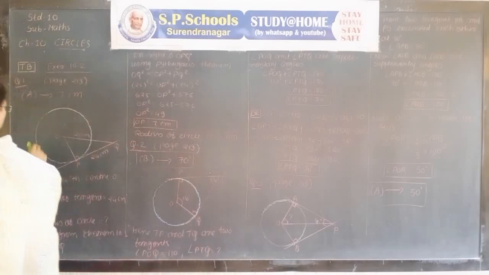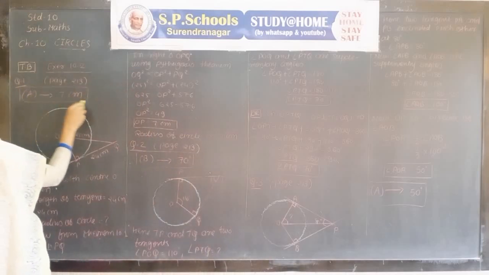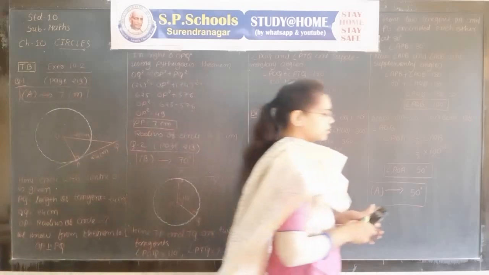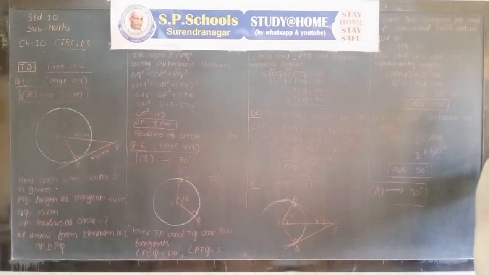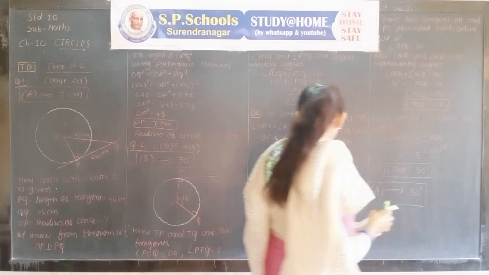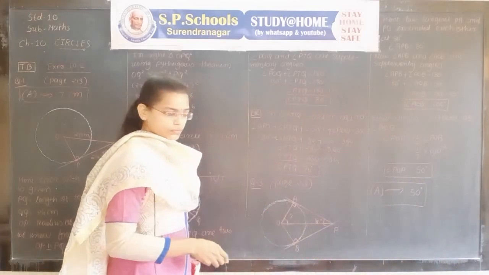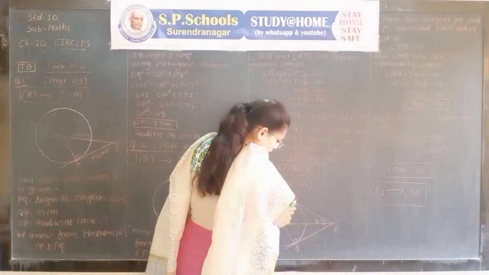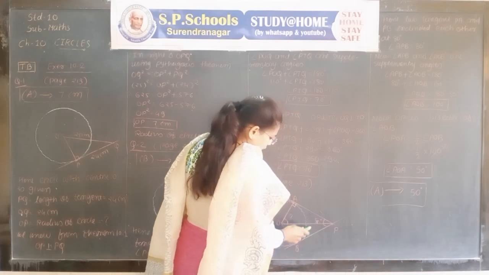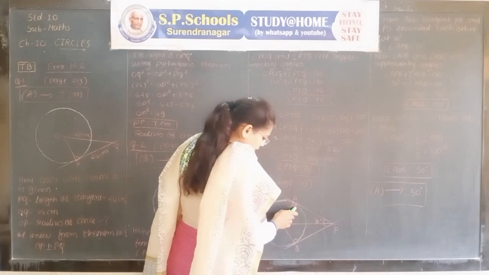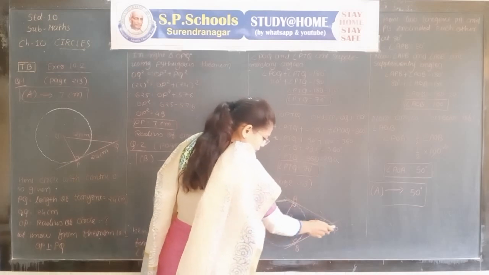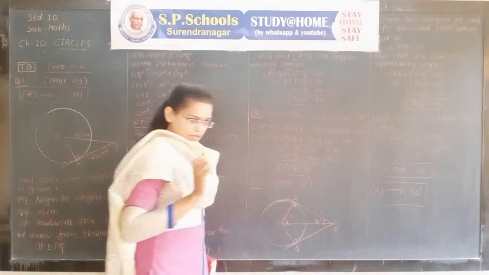Question number 1, question number 2 and question number 3 from exercise 10.2, and all 3 are important. And again in question number 3 there is also one more method. OP is the angle bisector of APB. That's why angle APO is 40. It is 40, 90 and POA is equal to question mark.